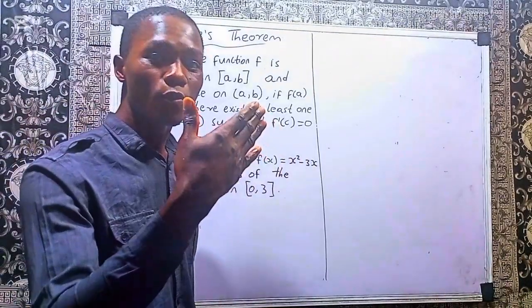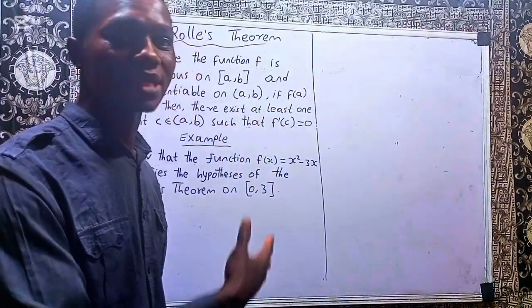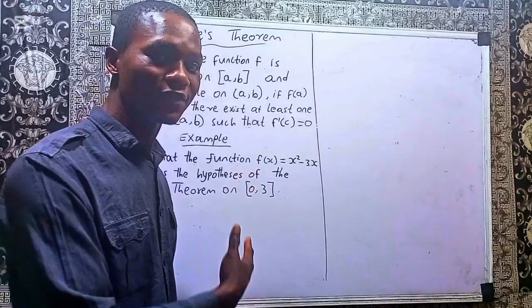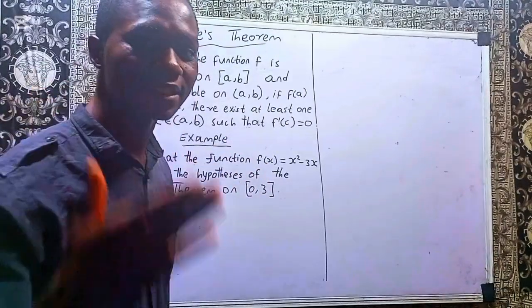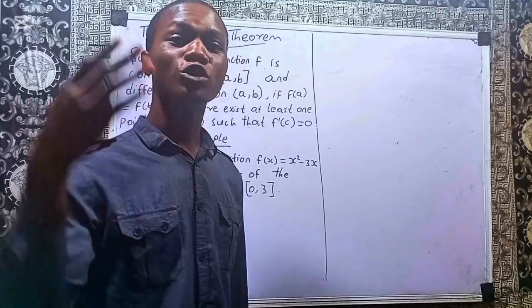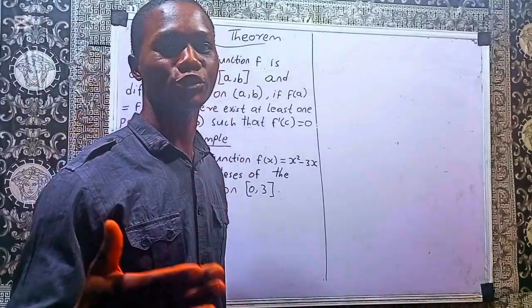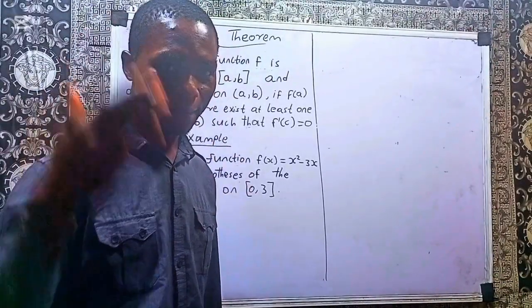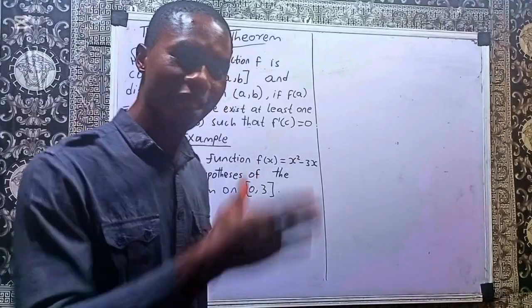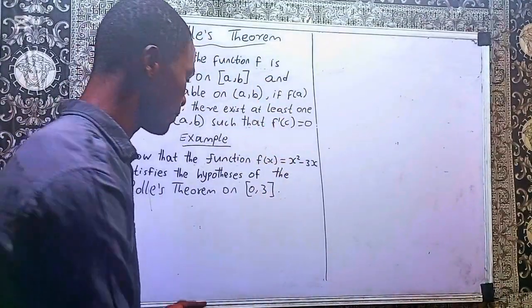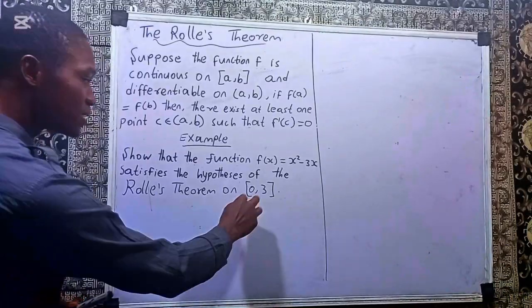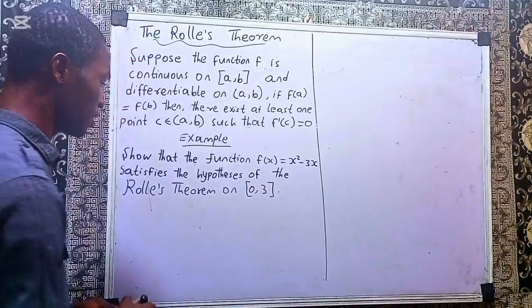Now, we want to check whether this function satisfies the hypothesis of Rolle's theorem. We have stated Rolle's theorem. Let's see whether this function will satisfy the hypothesis on this closed and bounded interval.